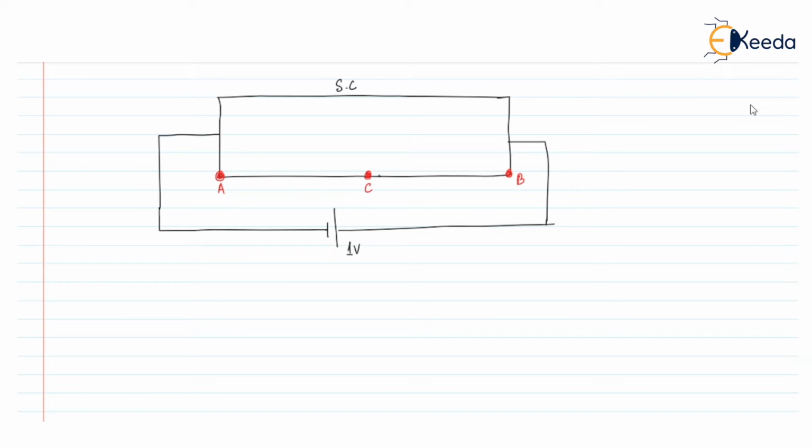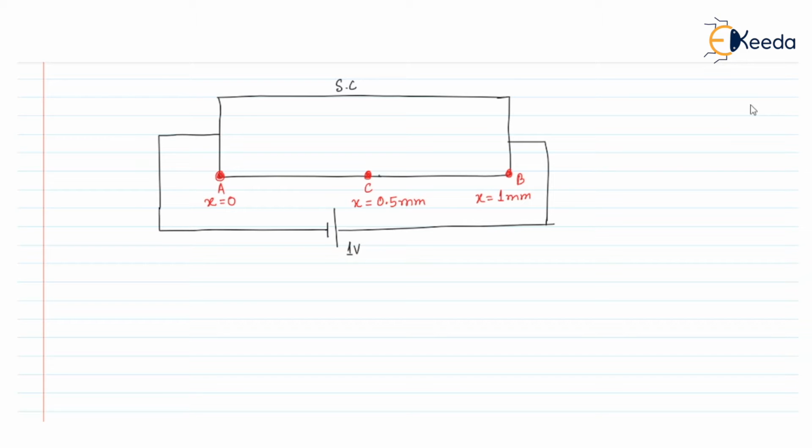This point A has a position value x equal to 0. Point C is at a position of x equals 0.5 millimeter, and point B is at a distance of x equals 1 millimeter.